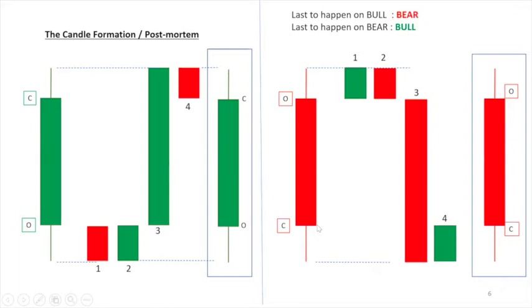So that's why I said it's like a post-mortem; one particular candlestick will give you a lot of information. By looking at the candlestick, you can understand and have some kind of reaction.